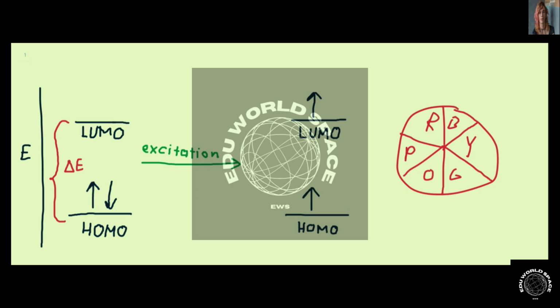When the electron drops down from the LUMO to the HOMO level, we see light. So if we're seeing white light, there's no absorption, and all light is being reflected back.